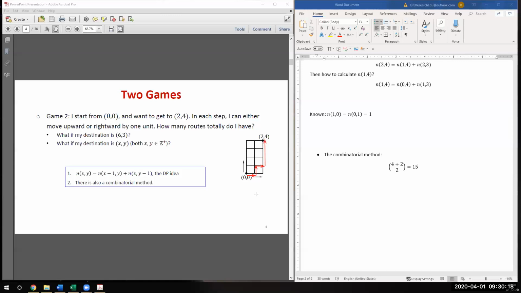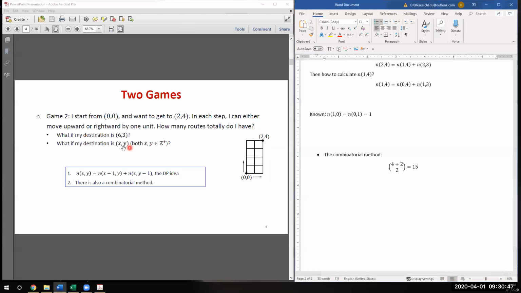So this means it's a 1-to-1 mapping. Any 2 of the 6 total lengths you choose as the horizontal way, and the other 4 are the vertical way, upward. So if that is the case, totally how many choices do you have? The choice is 6 choose 2, equals 15. Okay, so this is a very simple combinatorial method.